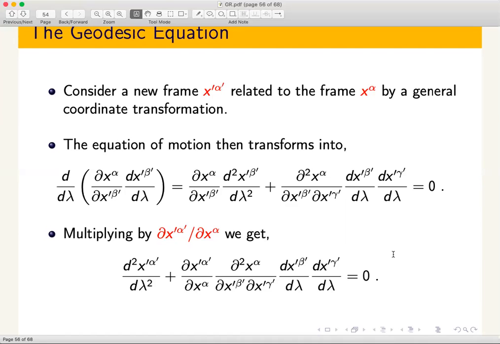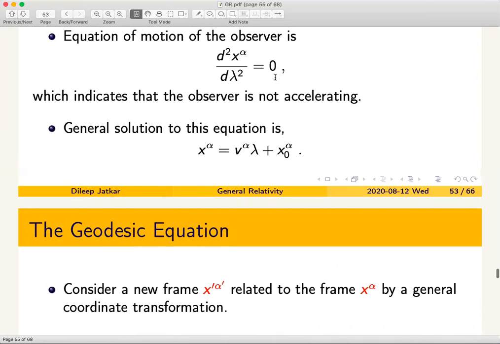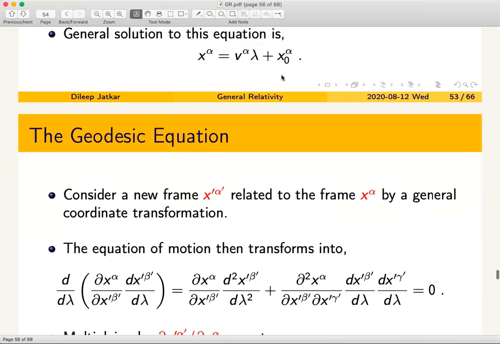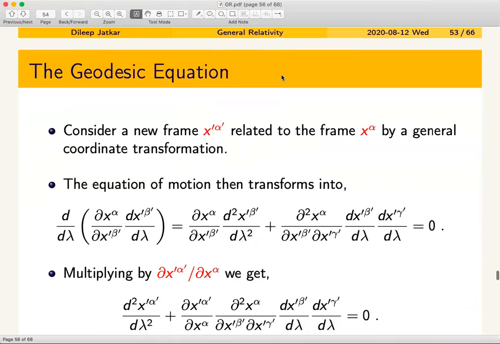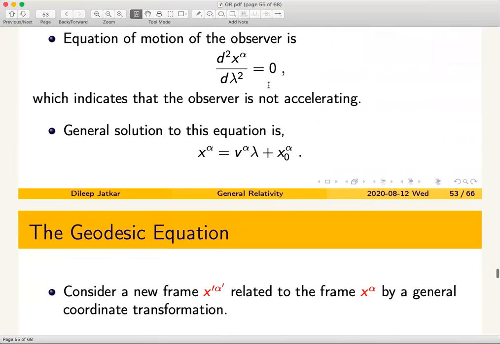So we get an equation which looks like this, and the first thing we notice is that the equation we had written down earlier, the second derivative of x alpha with respect to lambda is equal to 0, is not form invariant at all under a general coordinate transformation. We of course know that this equation is form invariant under Lorentz transformation.